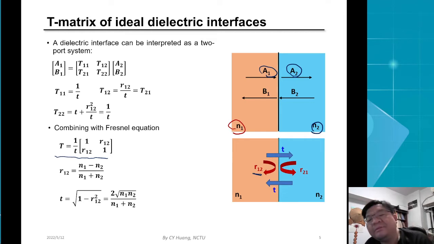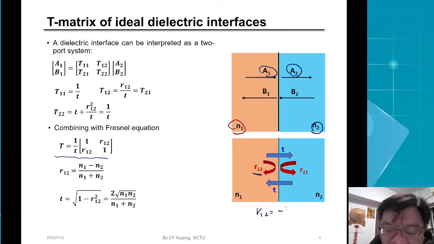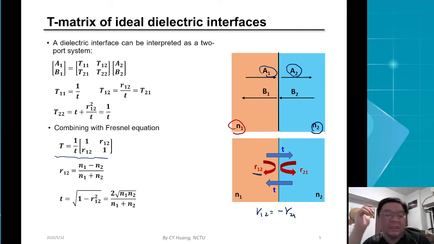R12 means the reflectivity seen from medium 1 and reflected by medium 2, and R21 is vice versa. Usually for a reciprocal system, R12 should be minus R21, or it will be a pretty weird interface. With this criterion, we know that this system will be reciprocal because its determinant will be equal to 1.